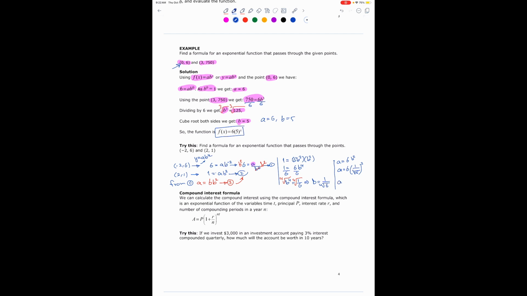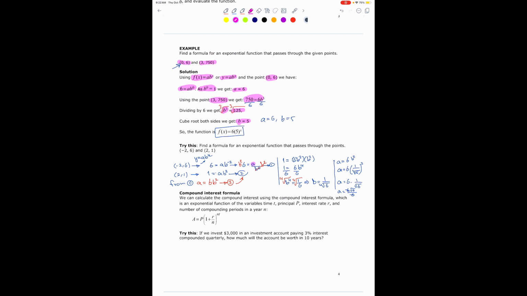So I will have a equals 6 times 1 over the square root of 6. And if you multiply, you'll get a equals 6 times square root of 6 over 6. These will cancel, so a is equal to square root of 6 if you rationalize this.